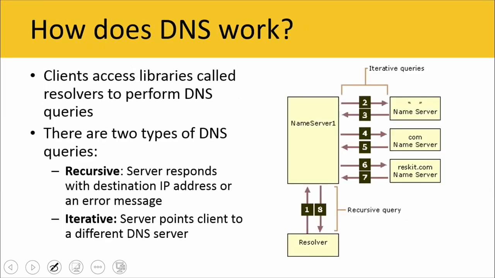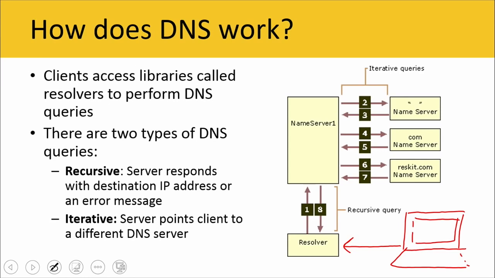All right, so how does DNS work, right? So what happens is you have a client. I forgot my desktop icon, so I'm going to draw my funky little laptop here. And it's going to try to send its request to a name server. It's going to do that through a device called a resolver. Clients access resolvers, which are libraries, and then those libraries perform DNS queries.